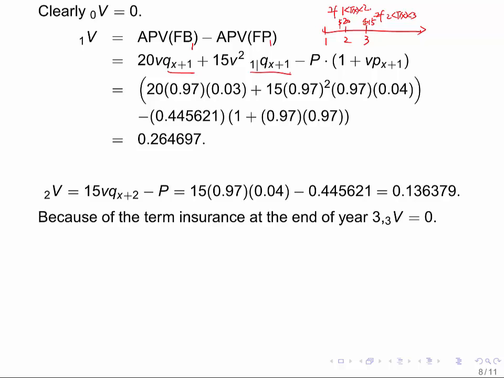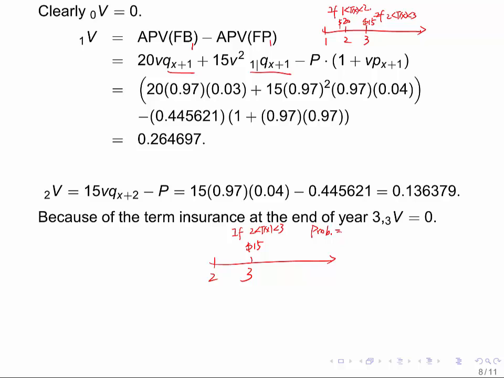And for the reserves at time 2, similarly, we consider the future benefits and the future premiums. In this case, there's only 1 year left. So between time 2 and time 3, there's a benefit of $15 payable at time 3 if the person dies within 1 year. So the probability here is actually the conditional probability that capital T is between 2 and 3, given that capital T is greater than 2.